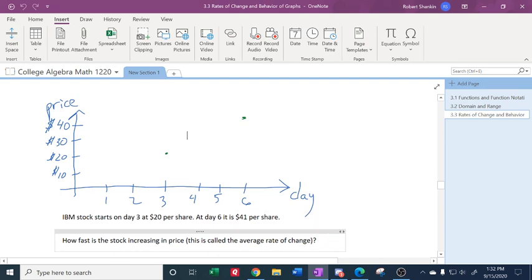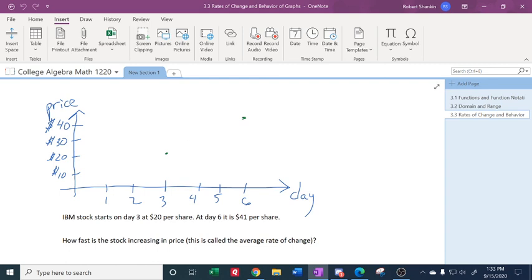Now, how fast is the stock rising in price? This is called the average rate of change. How fast is it increasing in price? Now, you may have no idea how to answer that question, but what I want you to do is make your best guess on that.